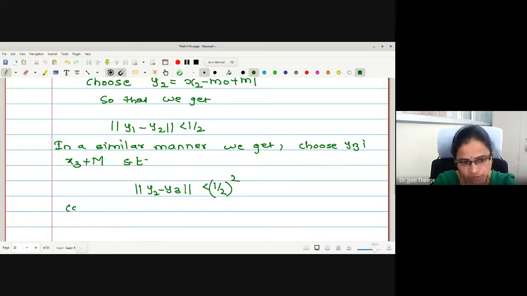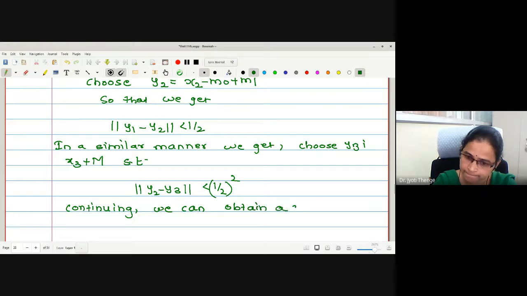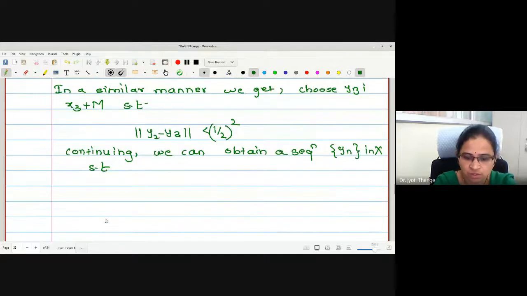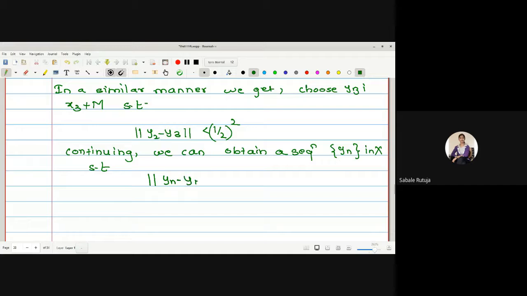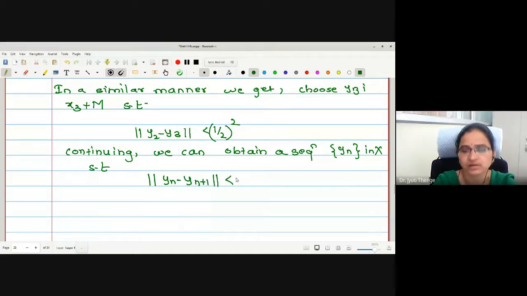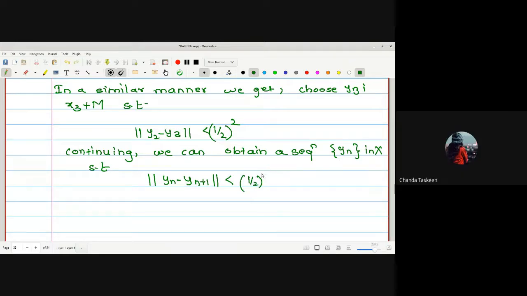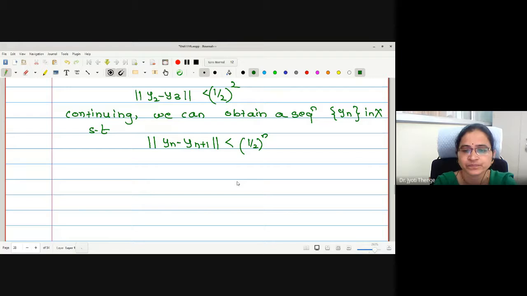And again continuing, we can obtain a sequence yn in X such that, can anyone tell me, norm of yn minus yn plus 1 is less than what should be here? Half raised to n. Yes, it is n. Okay.